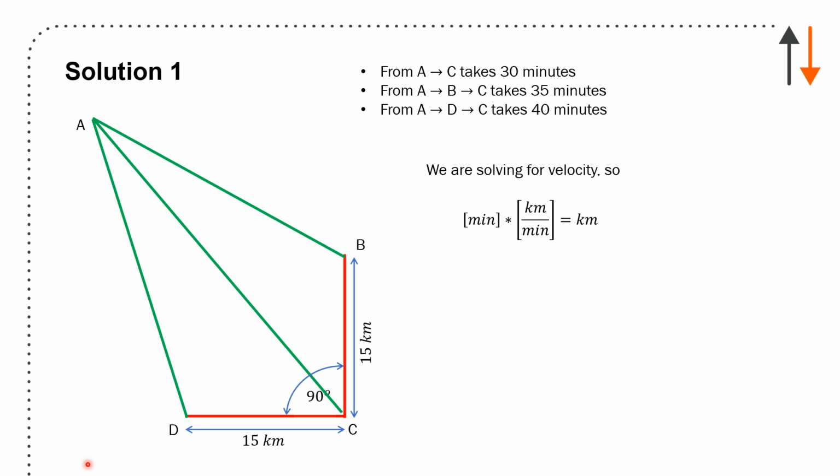So I'm looking at distances, so that's what I want to put in there. I have 35 times the speed of the driver, V, minus 15, because that's how long it takes the driver to drive from A to B to C. 30V kilometers to get from A to C, and 40V minus 15 to get from A to D to C. And again, I'm subtracting off the bit that I know.